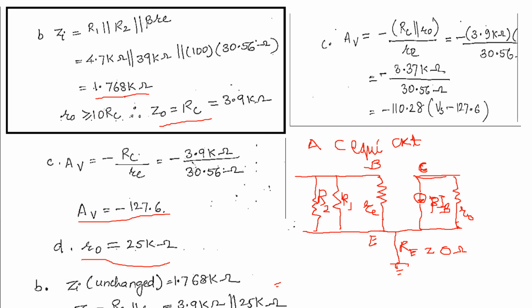Then between the collector and the emitter terminal, which is at ground, there is a resistance RC. Instead of drawing in this terminal, I'll draw over here only, so it will be quite clear when you are solving your problem. So this is your RC. Here you are measuring your V0, and here you are giving an input signal Vi.